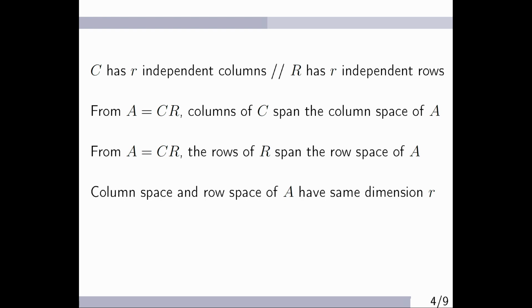We've looked at it from right to left. The combinations of the columns of C are giving the columns of A. And combinations of the rows of R are giving the rows of A. And out of that falls the first wonderful fact in matrix theory, so wonderful that the column space and row space have the same dimension, R.